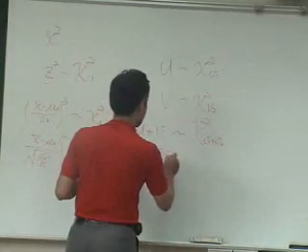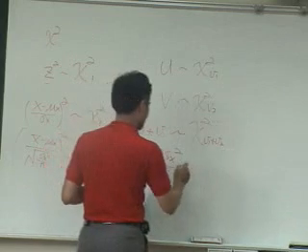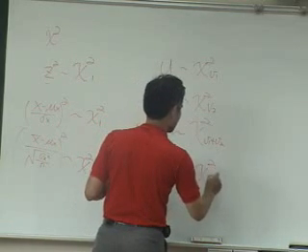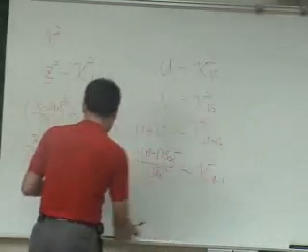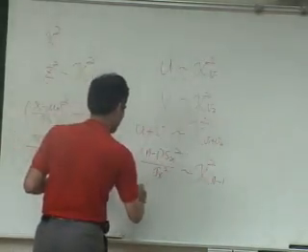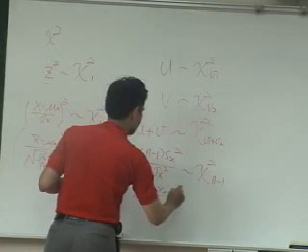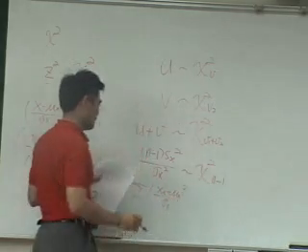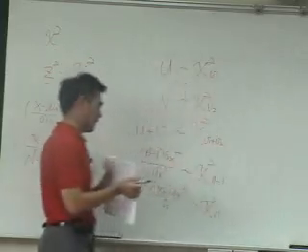(n minus 1) S_X squared divided by sigma_X squared is a chi-square distribution with degrees of freedom n minus 1. And the summation of (X_i minus mu_X) squared over sigma_X squared is a chi-square distribution with degrees of freedom n.